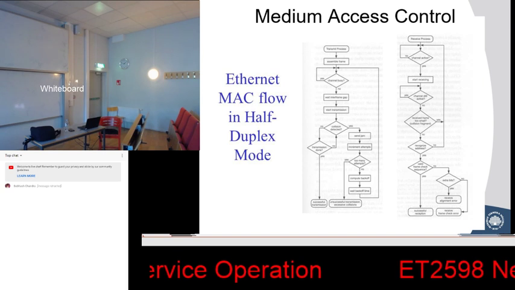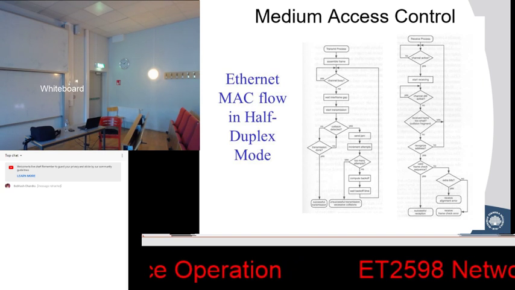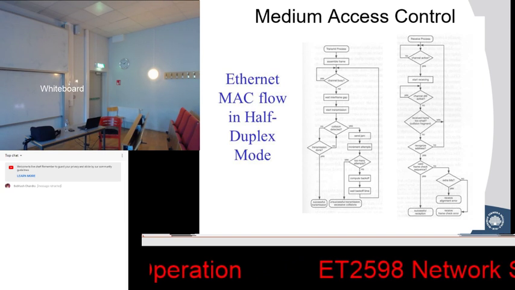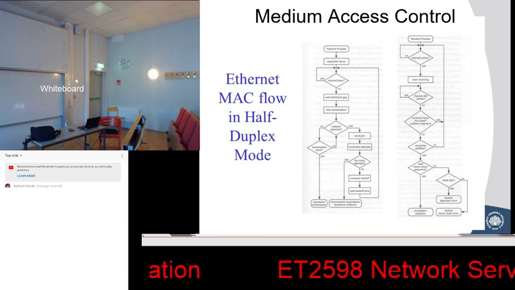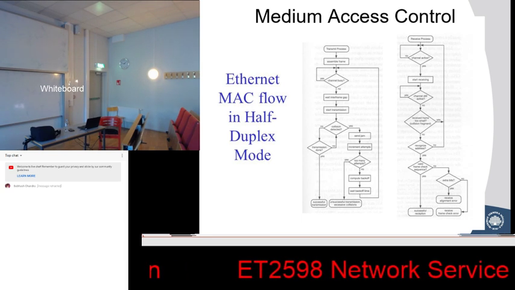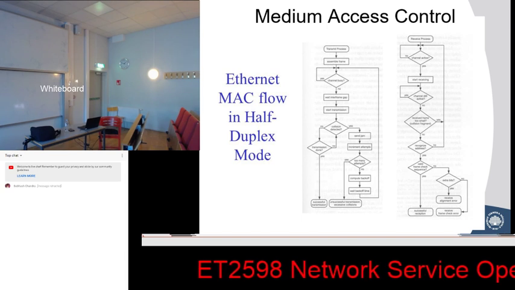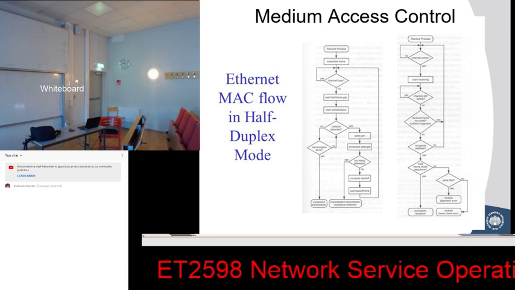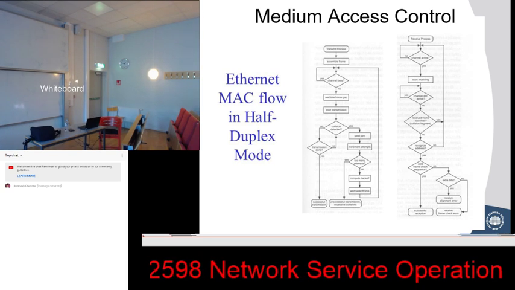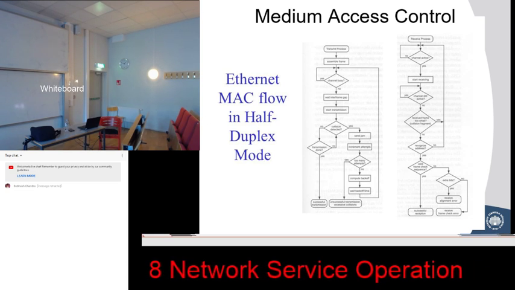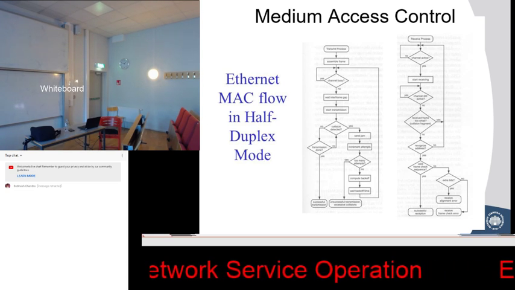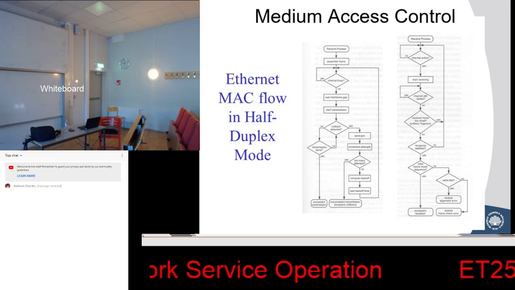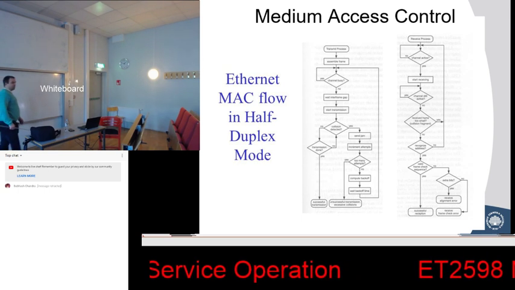And that was my remark: I would do this before checking if I recognize the address. Because if I recognize the address but the frame check is wrong, I have wasted a lot of resources doing that. But that is how the medium access control works in principle.